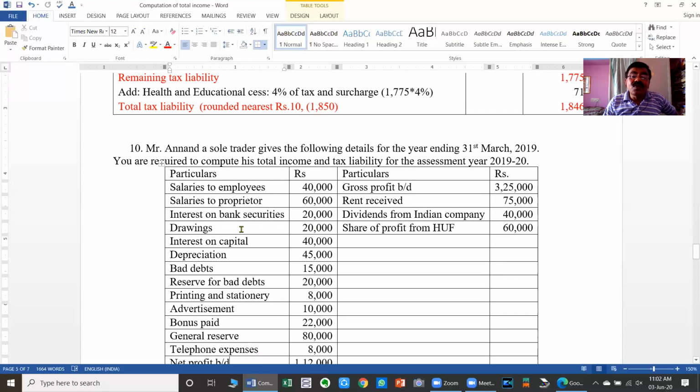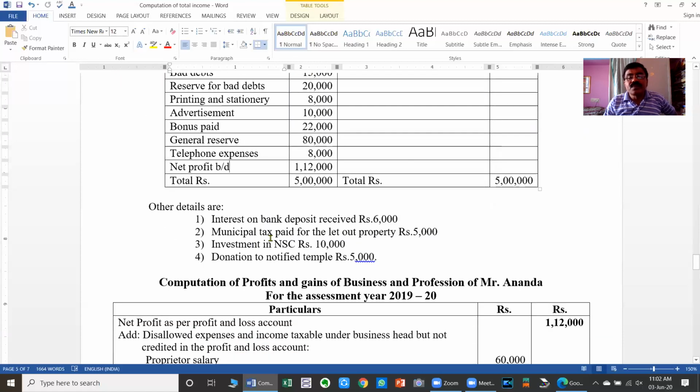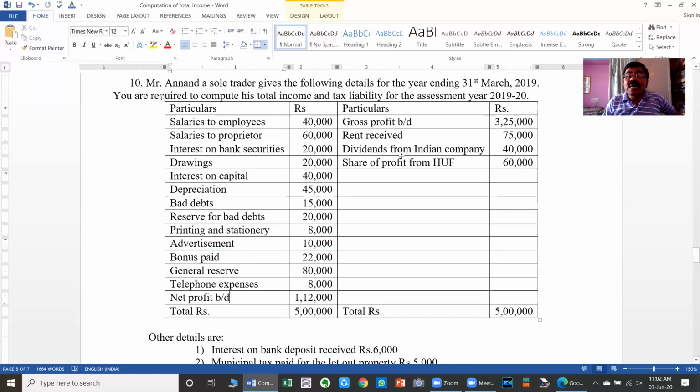Along with adding the disallowed expenses, if there are any other incomes given in the additional information but not recorded on the credit side of the P&L account, they are called unrecorded incomes. Any incomes taxable under business but not credited in the P&L account have to be added.